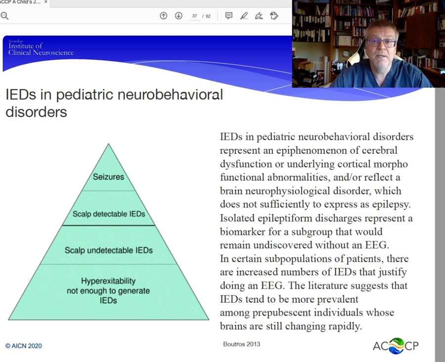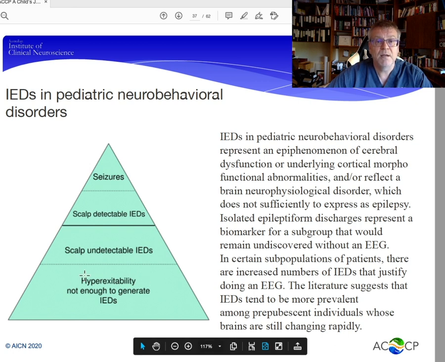Now, some of these IEDs are insufficient to produce an epileptic seizure, or a seizure that we can see. If we look at the little triangle here, the pyramid, there is a level of hyperexcitability that is not enough to generate an IED.